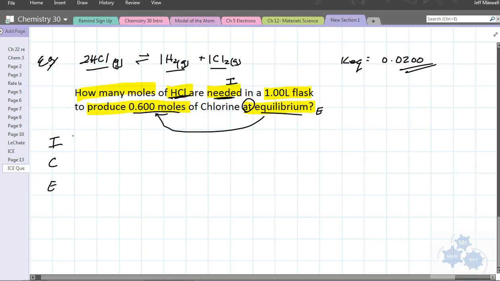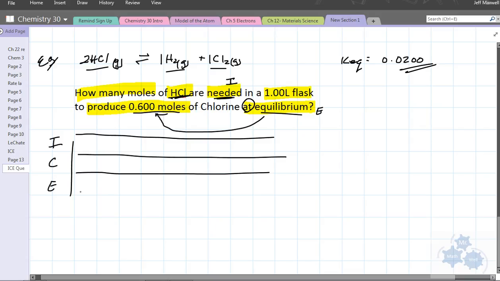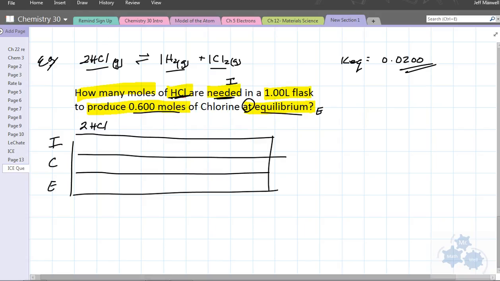So you can still do your ICE, and make a little chart here. And you want to put your 2HCl right here, and your H2 and your Cl2. You know what?